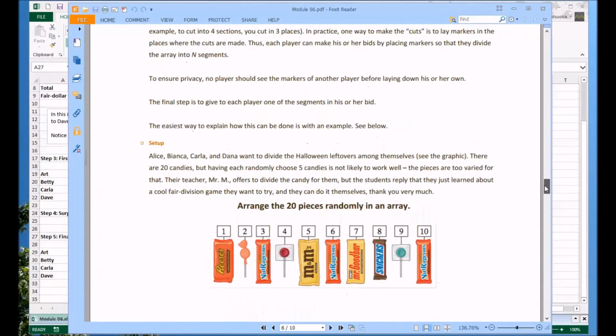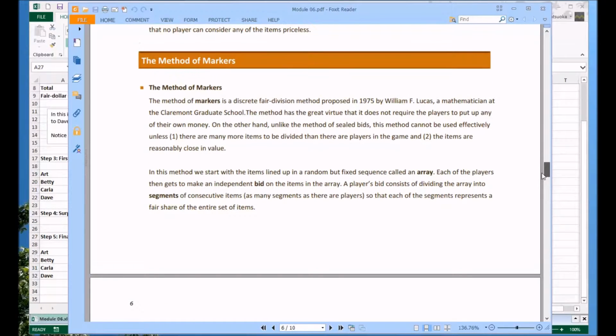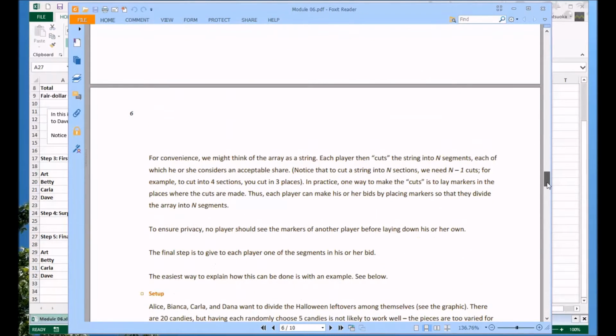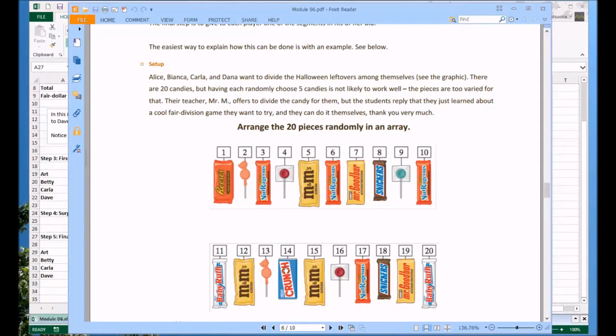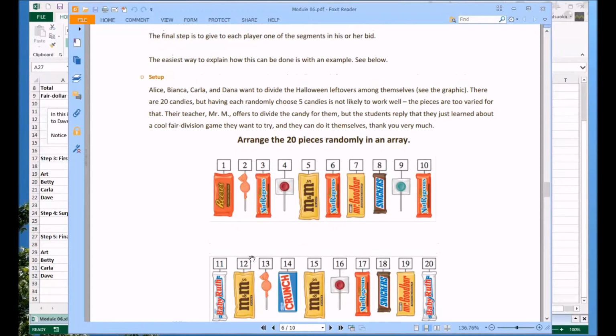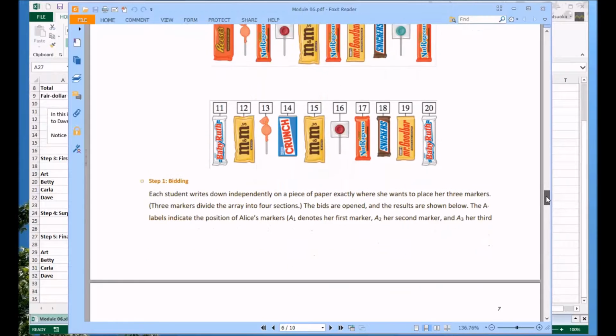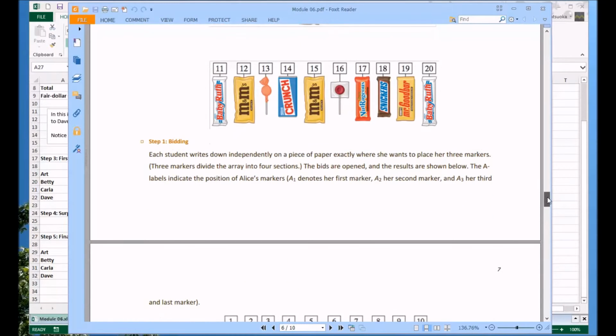Well, let's play the game of method of markers. First, you randomly arrange the candies in order, and ask each person to make a bid. There will be 3 markers, basically the divisions.